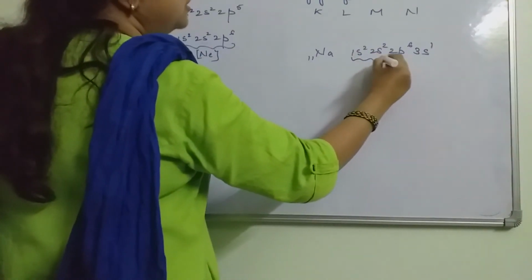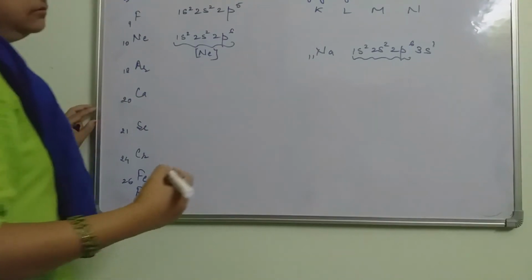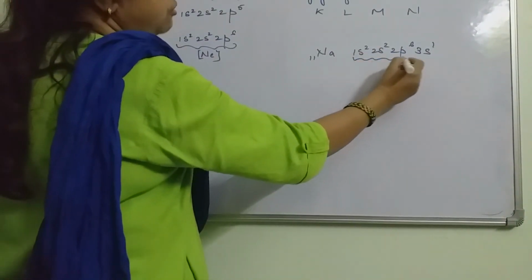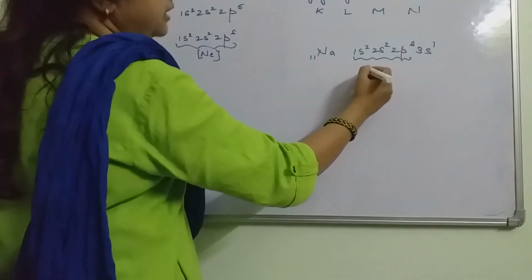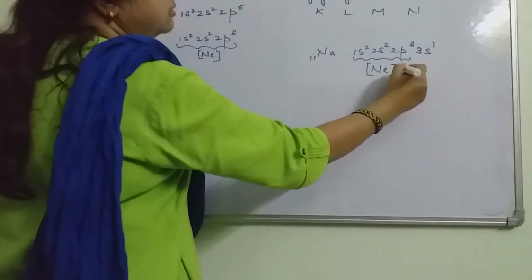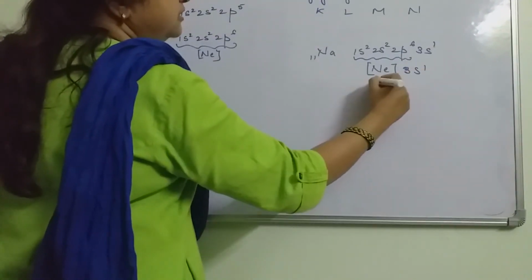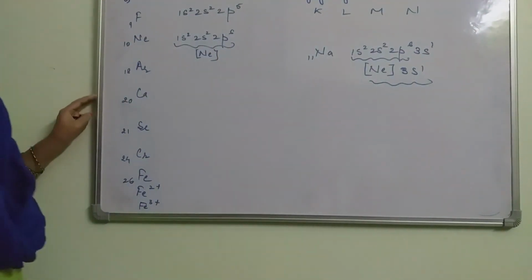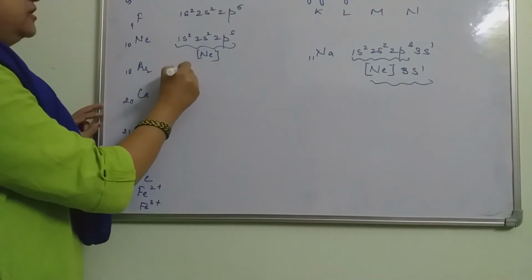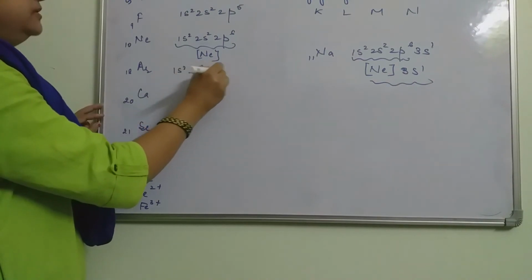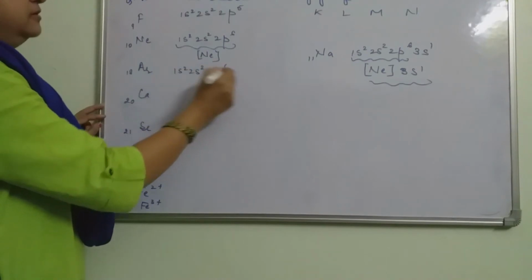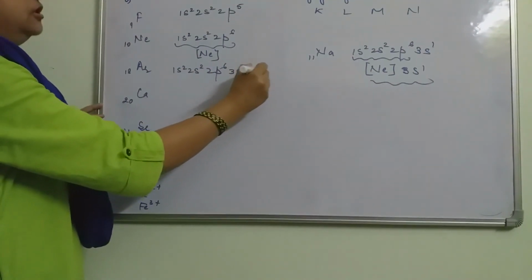So for all these shells we can write neon 3s1. This is the electronic configuration of sodium. Likewise for argon it is 1s2, 2s2, 2p6, 3s2, 3p6.